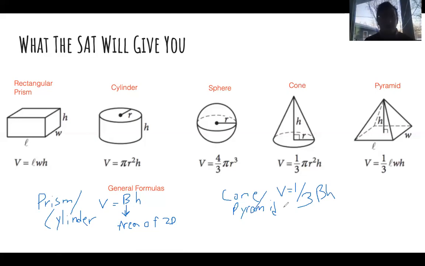It's the base area, so it's the area of the 2D base. I'm fine if you look at it from the SAT perspective or more from the general formula perspective. There are some pros and cons.